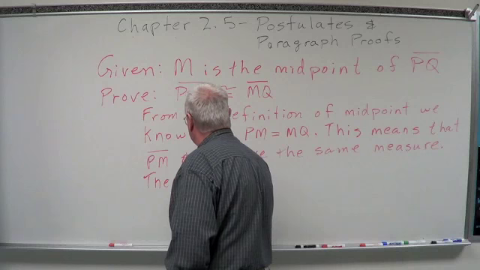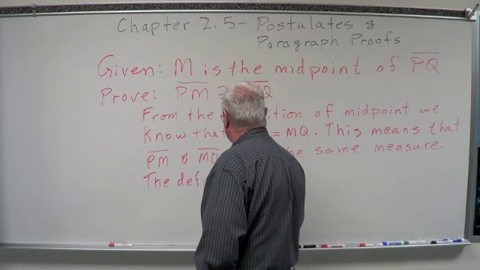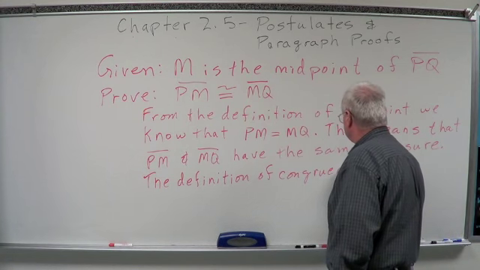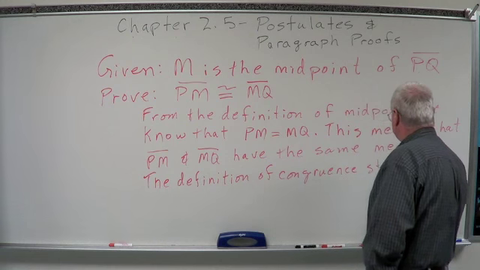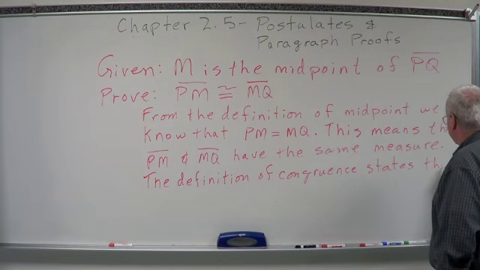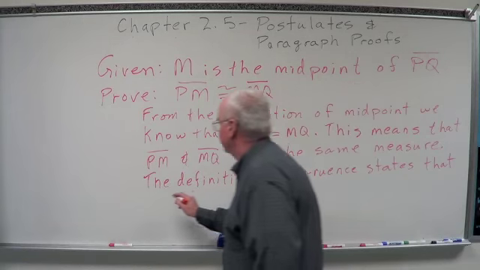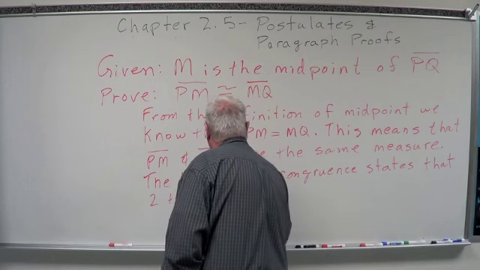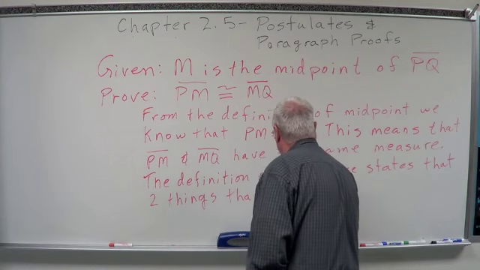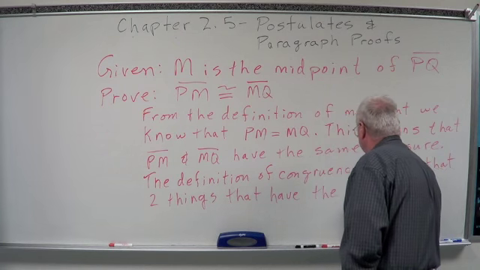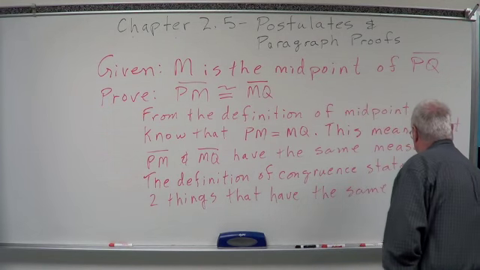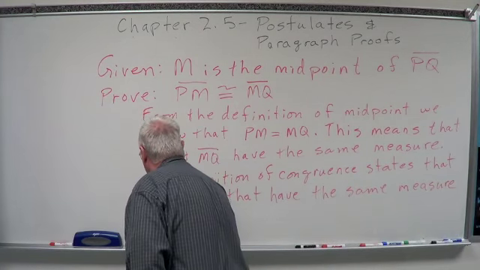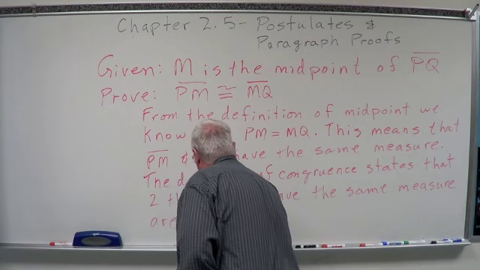The definition of congruence states that two things that have the same measure are congruent.